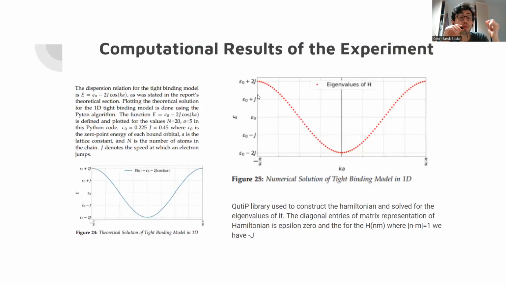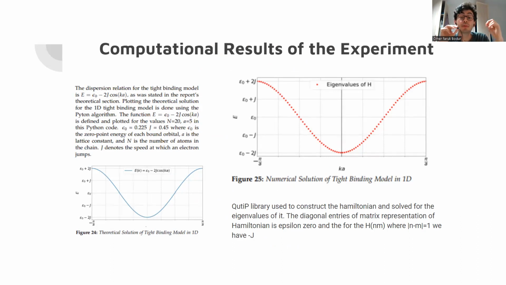For the computational results of our experiment, we use the dispersion relation for the tight binding model, and we draw it in the first graph for the theoretical solution. In the second part, we represented our H as a matrix, the matrix representation of the Hamiltonian. The diagonal of the Hamiltonian is epsilon 0, and we constructed H_nm, where n represents the row number and m represents the column number.